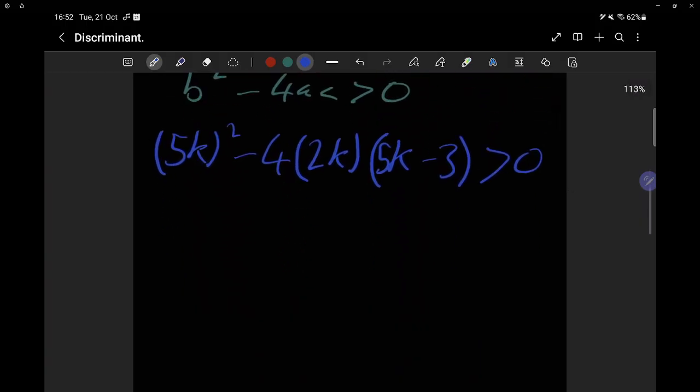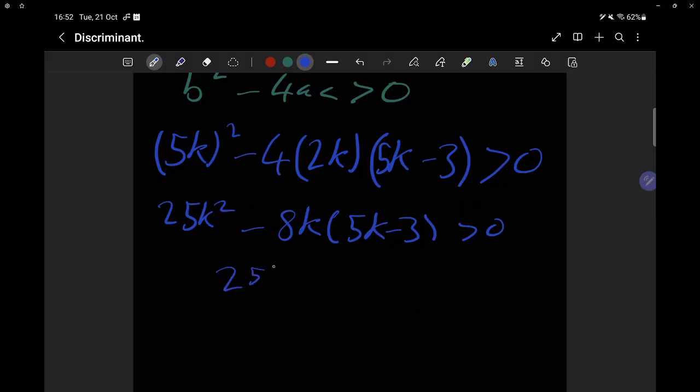Then if we expand this, 5k squared would be 25k squared, minus 8k times 5k is negative 40k, and minus 8k times negative 3 is plus 24k. That should be k squared. Is greater than 0.